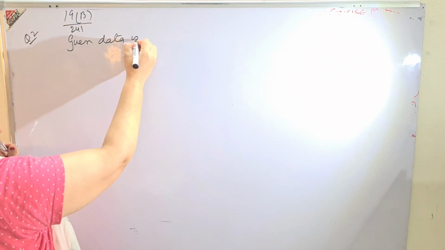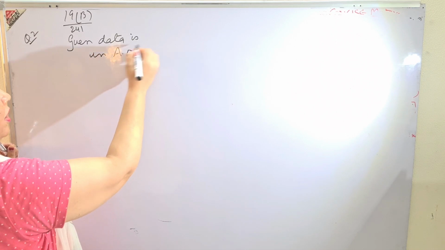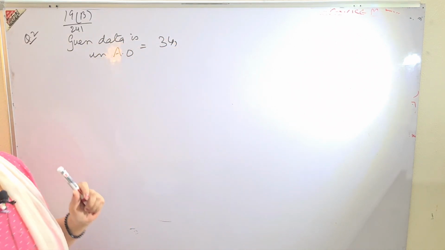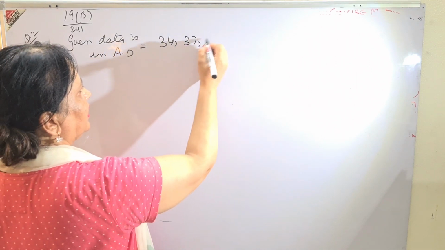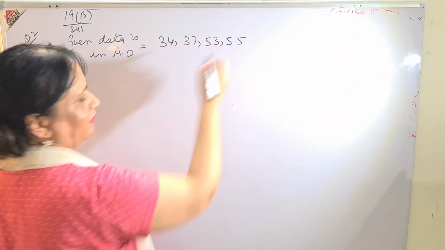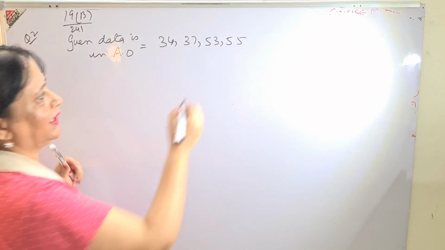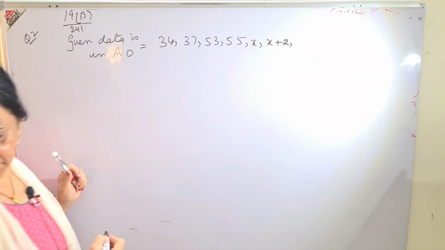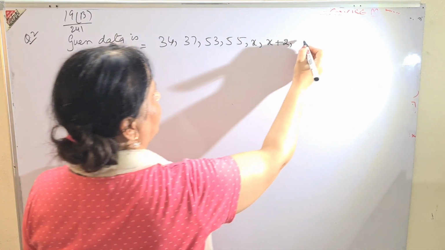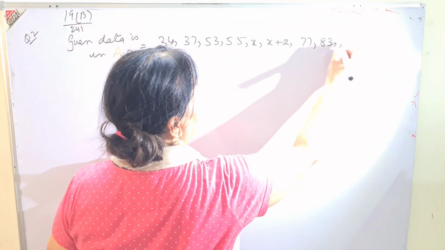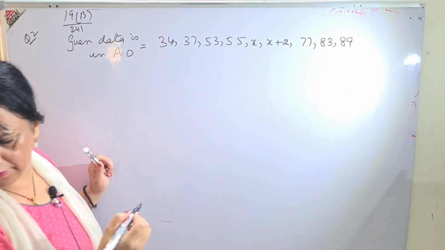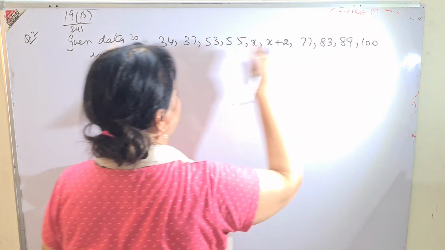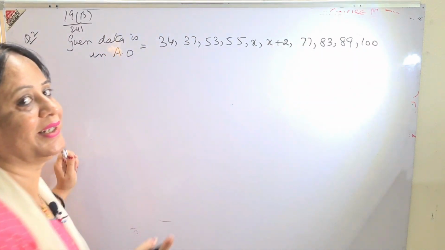Given data is in ascending order: 34, 37, 53, 55, then of course x and x plus 2, then of course 77, 83, 89, and then moving on to the last number, 900.